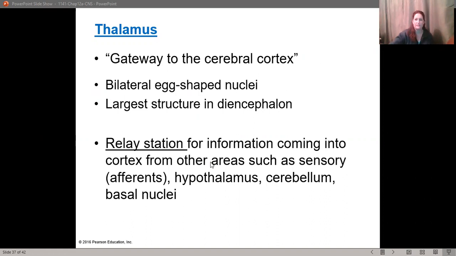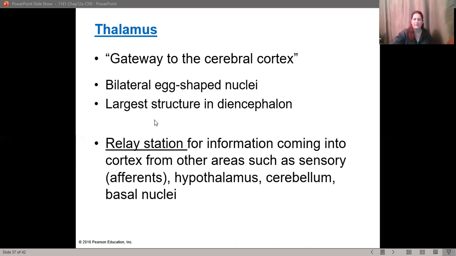So if there is sensory information coming from your skin, it all has to pass through the thalamus so that it gets sent to the right place on the primary somatosensory cortex.